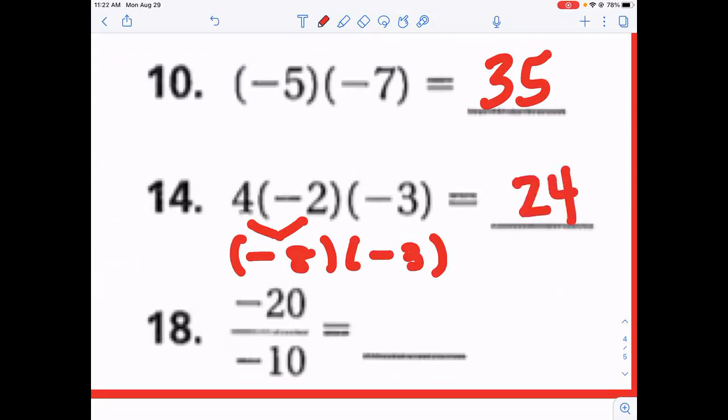Okay, do one multiplication at a time. Some people decided to do -2 times -3 to get +6, and +6 times 4 was +24. Either way is fine. Just do 2 numbers at a time. 4 times -2 is -8, and then we take that number times our -3.